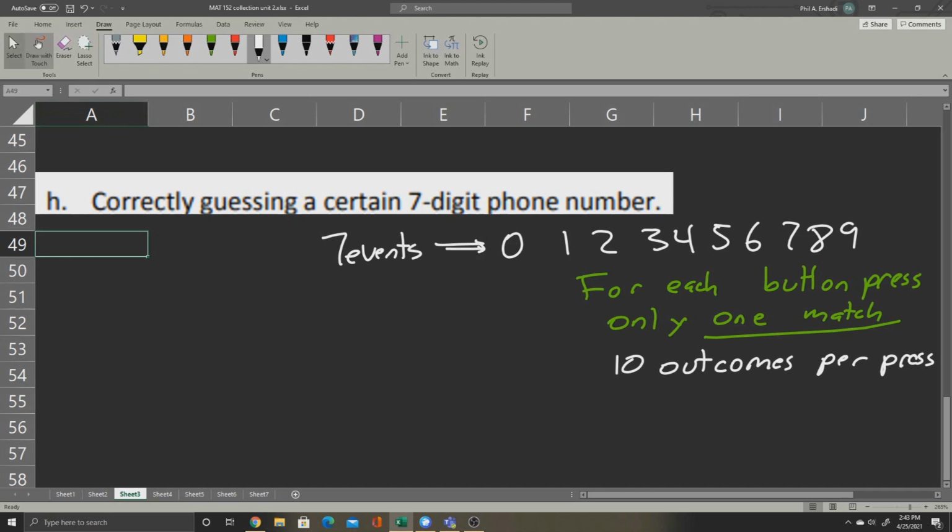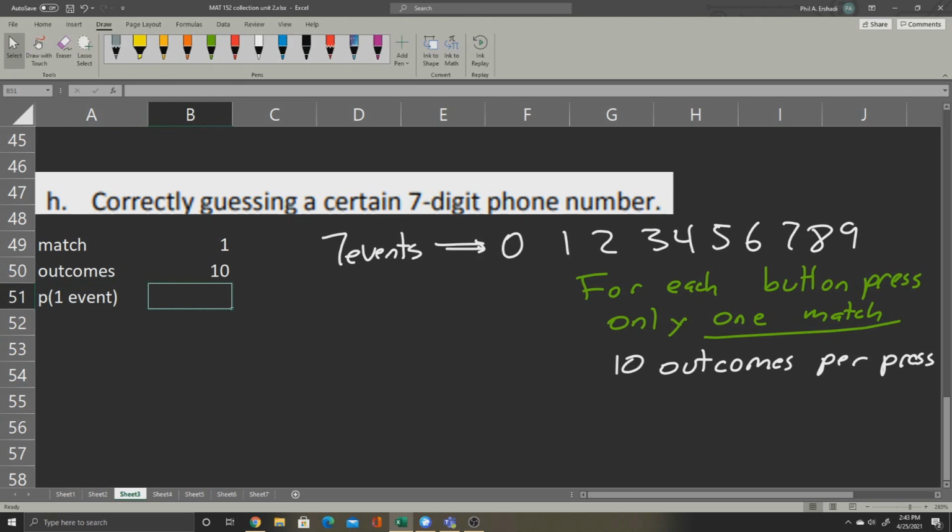So let's first look at the probability for a single event. If we press a button, the probability of getting it right is going to be 1 match and 10 outcomes. So our probability of having one event match the number is going to equal 1 divided by 10. However, we have 7 events.